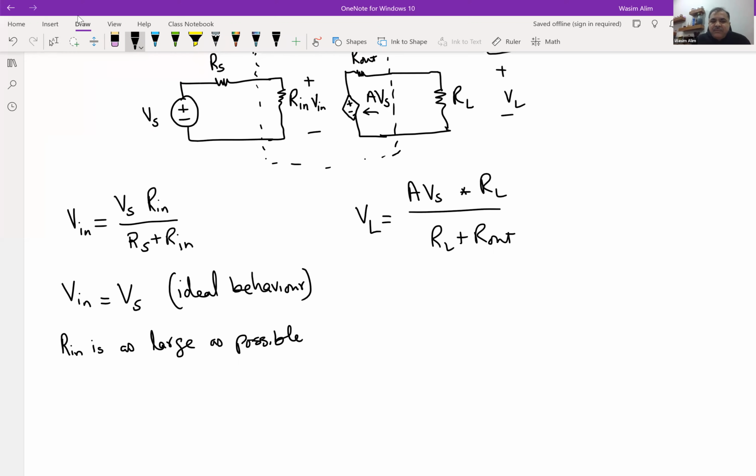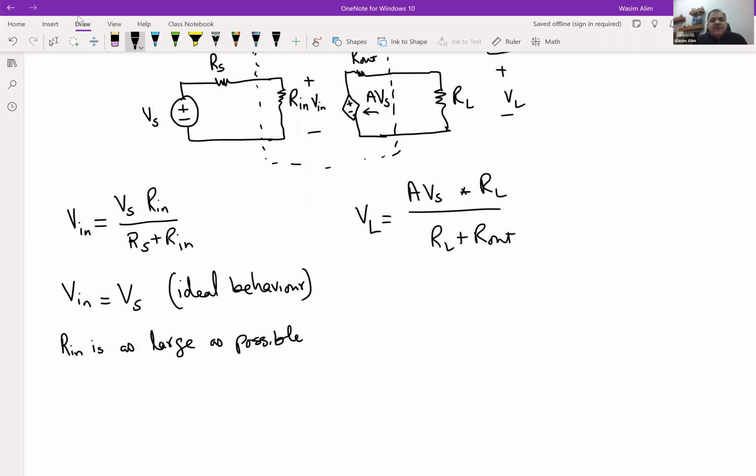So if Rin is large enough to the level where we can say that Rs is negligible in terms of the magnitude. For example, if Rin is 1 mega ohm and Rs is, for example, 5 ohms. So a mega ohm versus 5 ohms is pretty much negligible. It's almost a rounding error.